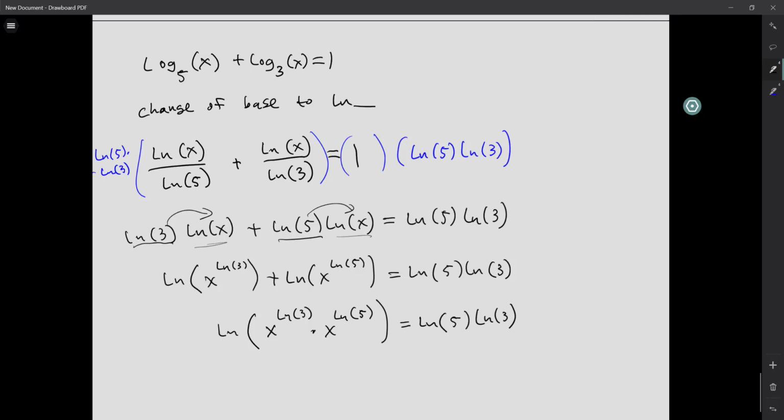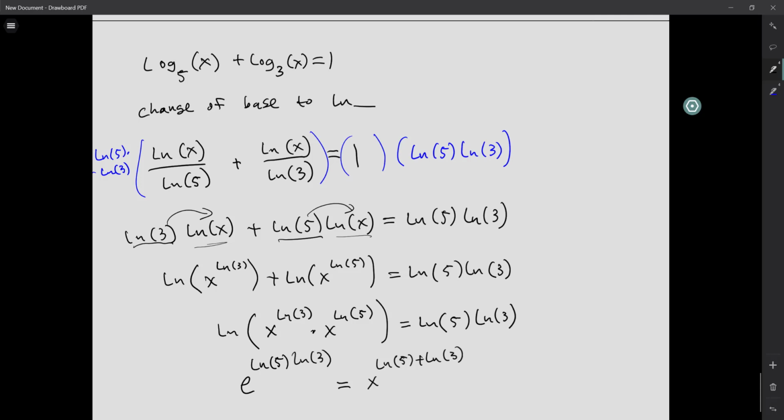So what this means here is I have e to the ln of 5 times ln of 3 equals x to the ln of 5 plus ln of 3. And since I have my x simply by itself, I'm technically able to solve for x now, but it's not pretty.